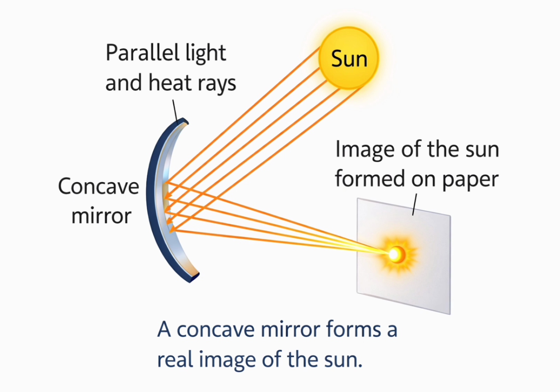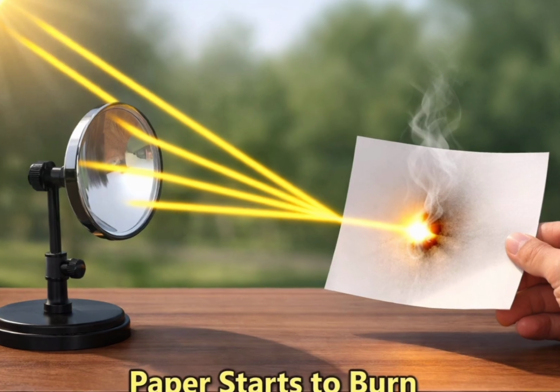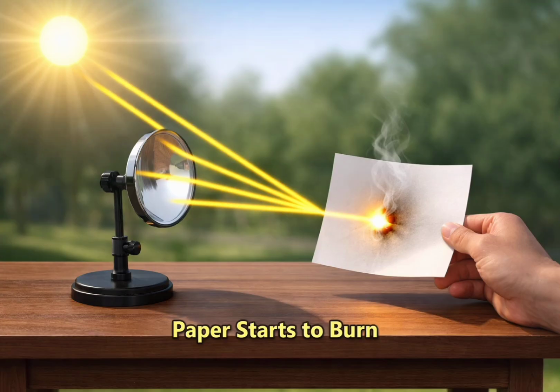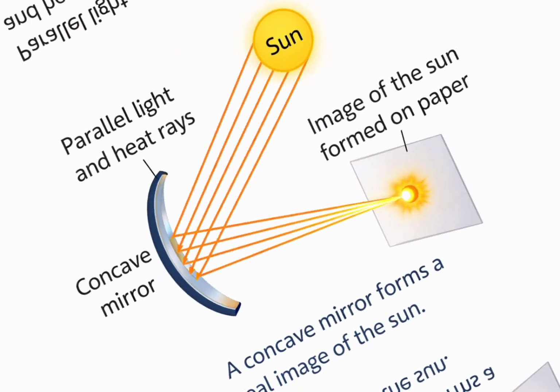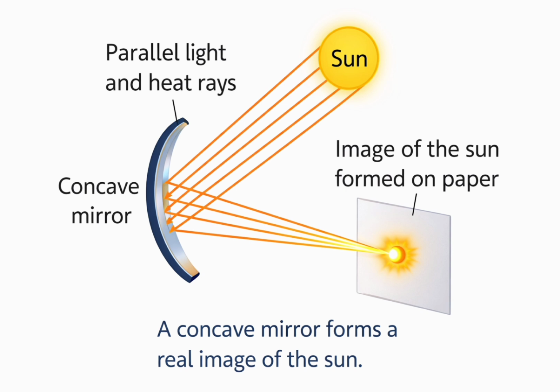What do you observe? You will see that the paper starts heating up and may even burn. So this activity clearly shows that a concave mirror can converge light rays and produce heat at the focus. This particular point we call focus.